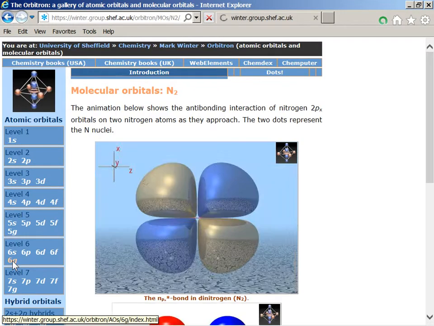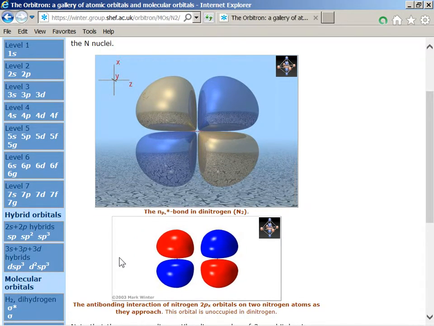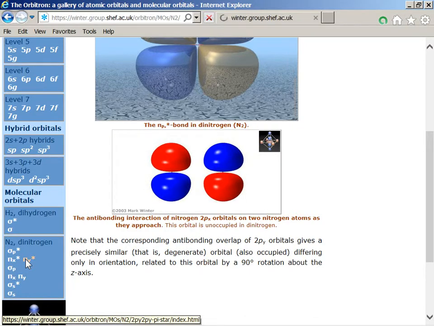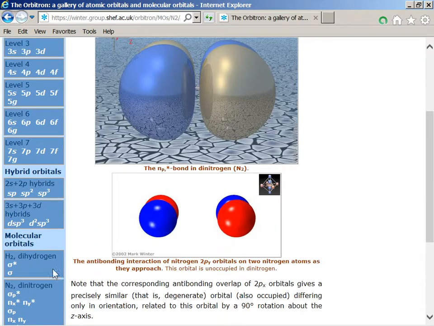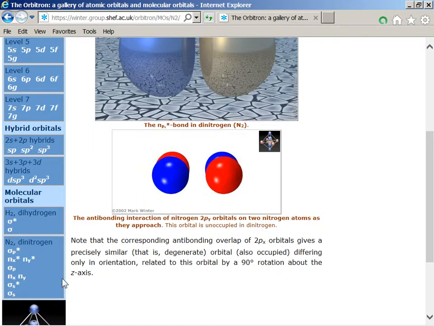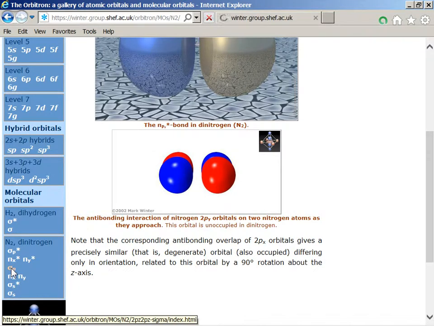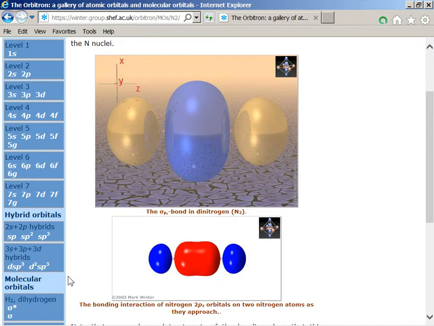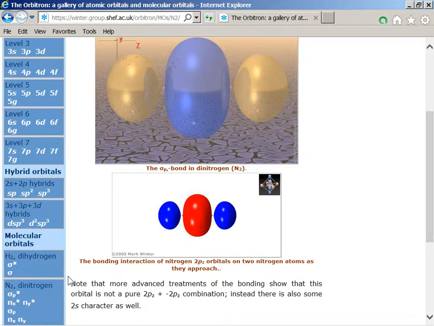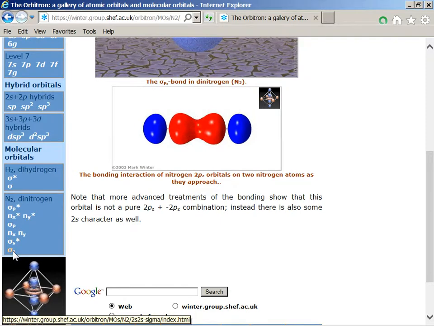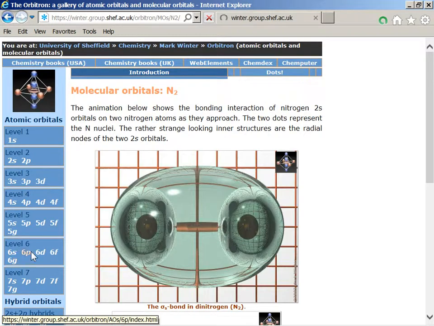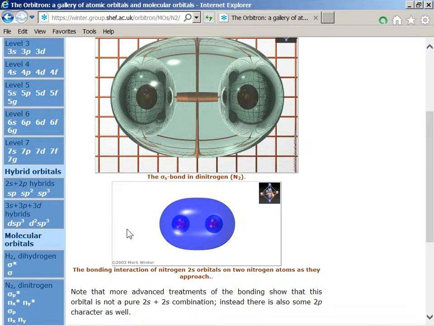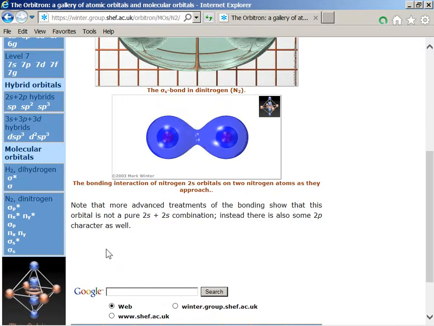Here's another anti-bonding. To do these calculations would be so horrible. Here's finally a bonding. So molecular orbitals, you don't know whose electrons are whose. They're just wave functions that cover the entire molecule.